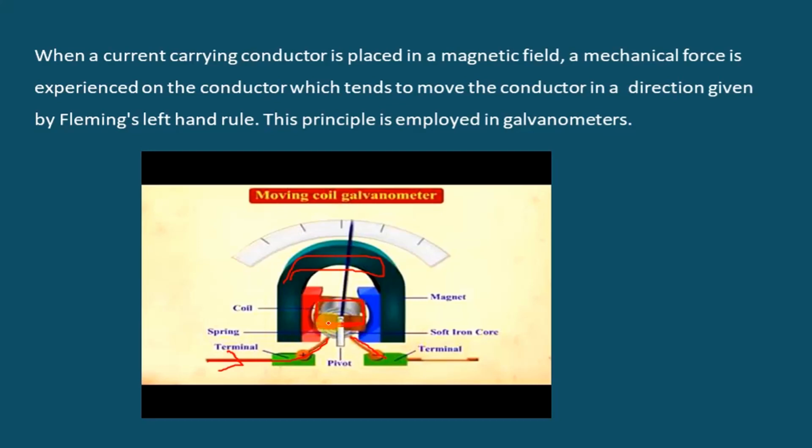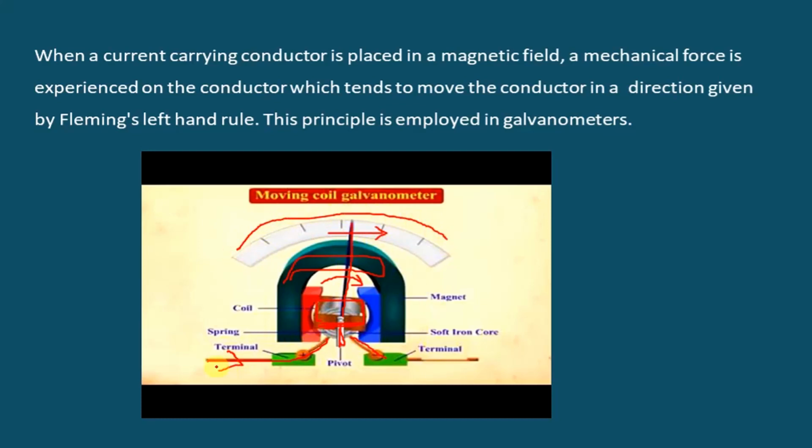This conductor will move in the clockwise or anti-clockwise direction depending upon the orientation. There is a pivot connected to this conductor, and that pivot is connected to a pointer. Whenever this conductor is moving, let's suppose clockwise, this pointer will also move in the clockwise direction over the scale.